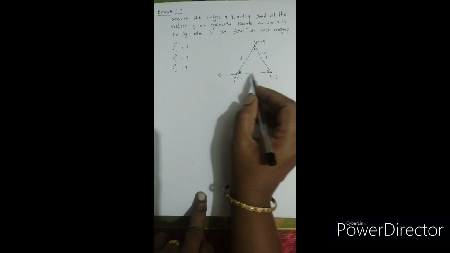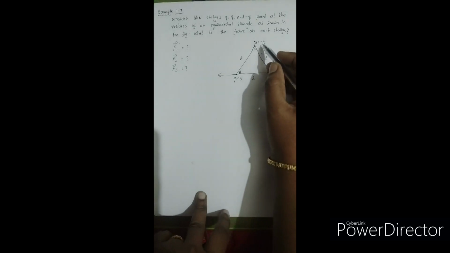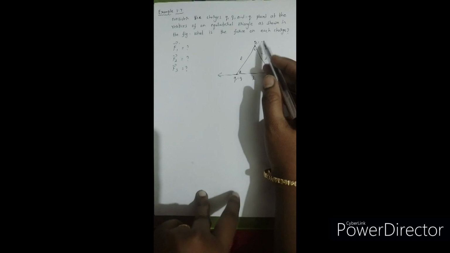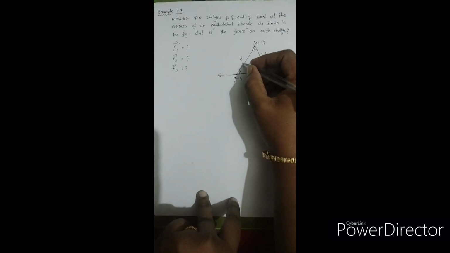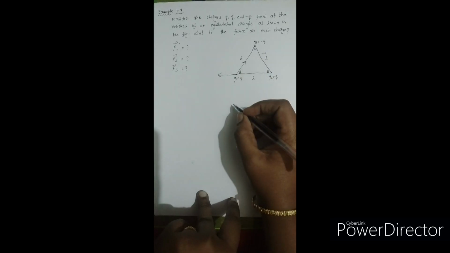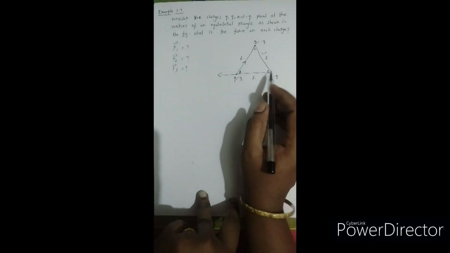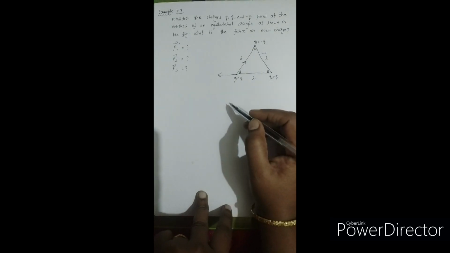Q2 is going to repel Q1 along this direction, whereas Q3 is negative charge, Q1 is positive. So what will Q3 do to Q1? Q3 will attract Q1 along this direction. Okay, right? You know that the force will be always acting along the line joining the 2 point charges, right? So that's why this is along this direction and this force is along this direction.